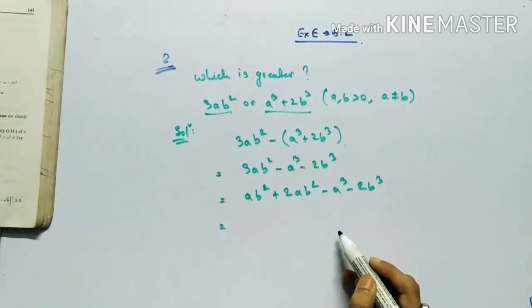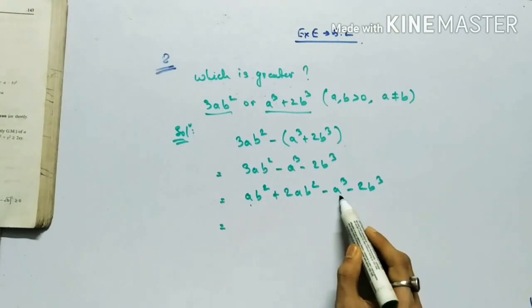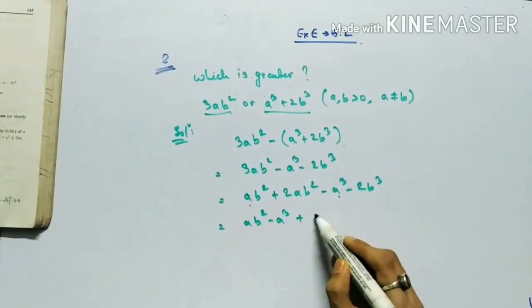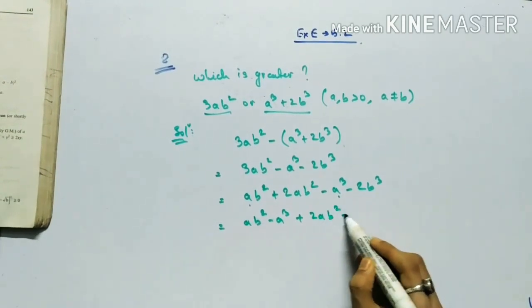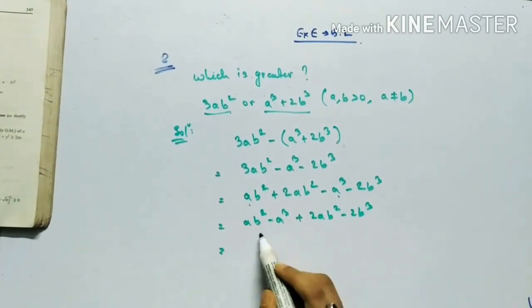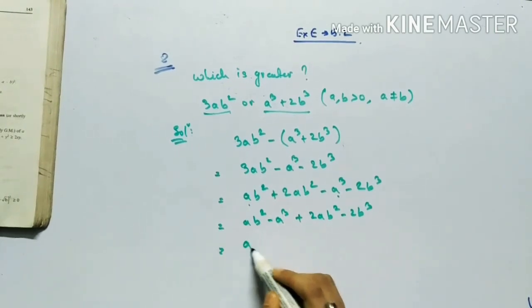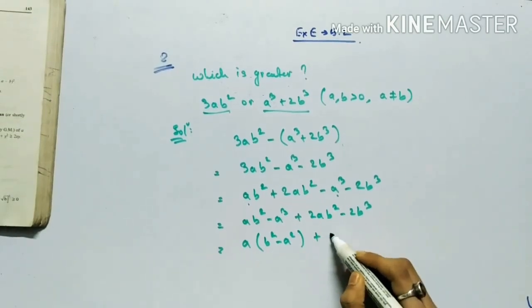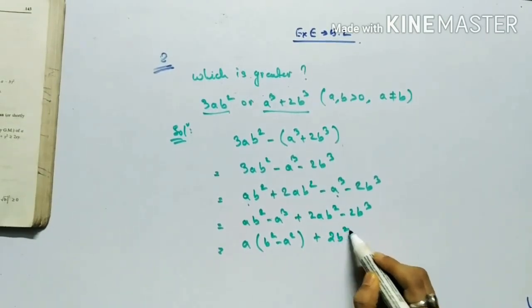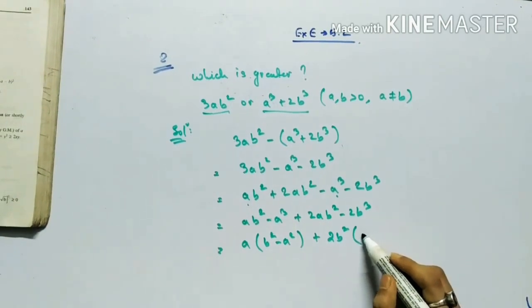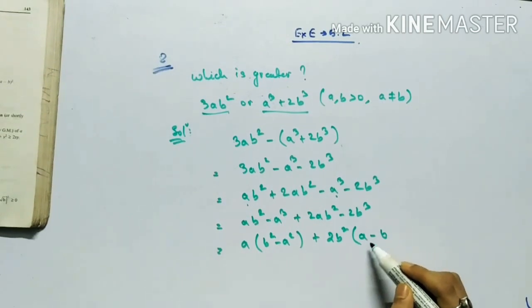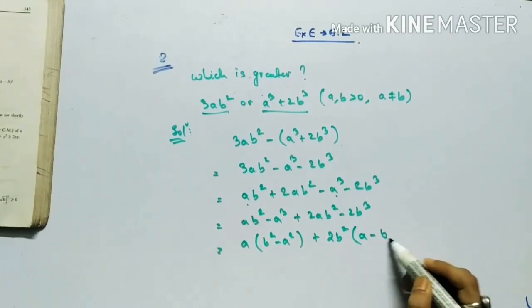Now this one and this one I will write together: ab square minus a cube plus 2ab square minus 2b cube. From here I will take a common. I will get b square minus a square plus 2b square common. I will get a minus b.